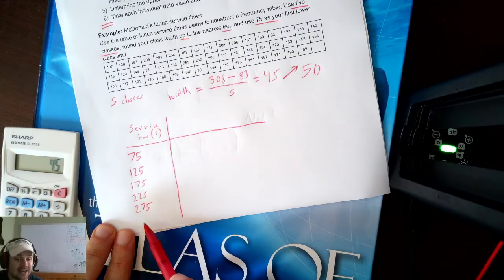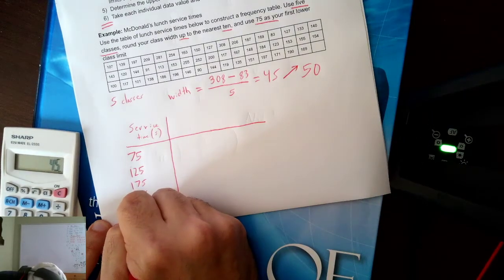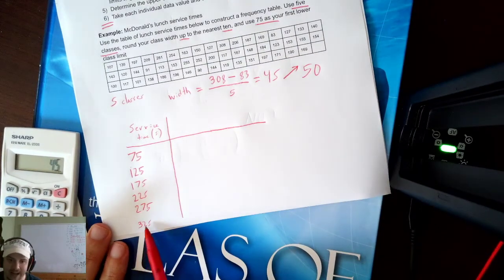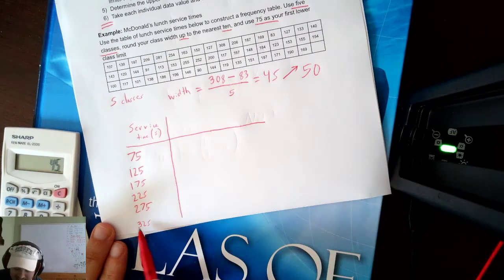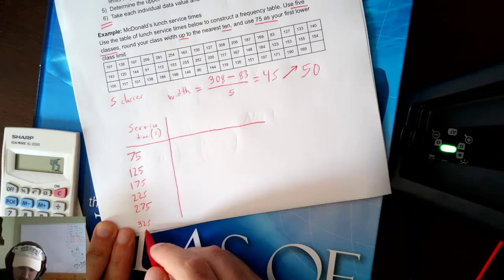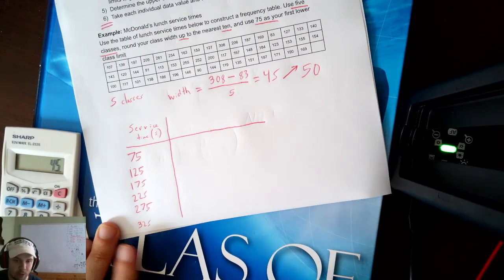But I do not need 325. I'm going to scribble it here so we can see. 325. I do not need 325 because my largest number is 308. It's not going to fall in a category 325 and above. So these are the lower limits I need. I don't need this last one. I wrote it because we'll see that we don't need it in a moment.